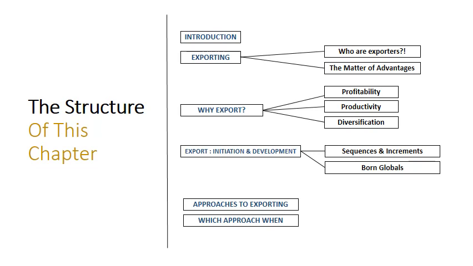It is very much in contrast with the sequential, incremental kind of company, which was born as a domestic company and became an exporting company. There are also approaches to exporting, which you can see later in the summary: indirect, direct, and so on.